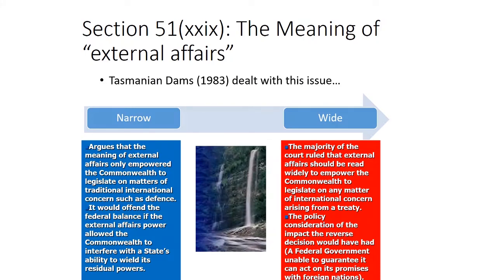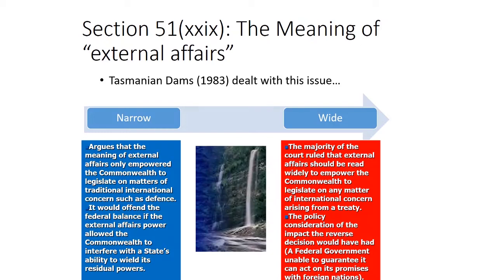Okay, external affairs was mentioned, so quickly go through this. This has been a very important instrument for expanding federal power into areas of state control, traditional state control. So Tasmanian Dams is a really nice, easy case to understand. You don't really need to know much of the facts about it, but essentially the federal government wished to enforce an international treaty they had signed, which is the World Heritage Agreement, and the Tasmanian government wanted to build a hydroelectric dam on the Franklin River.